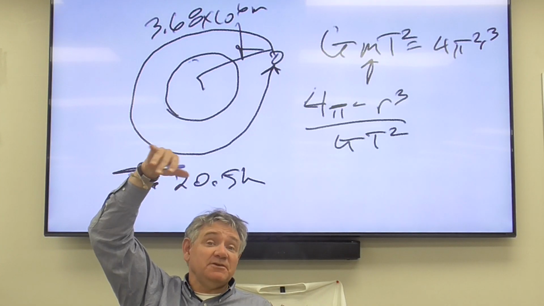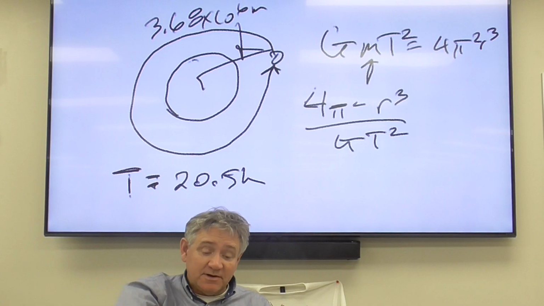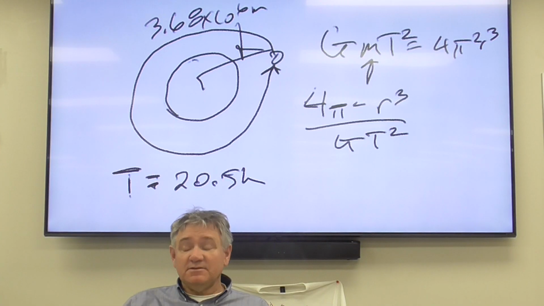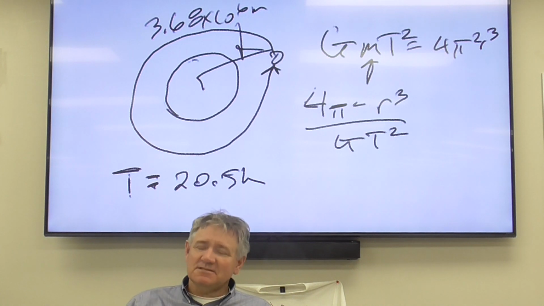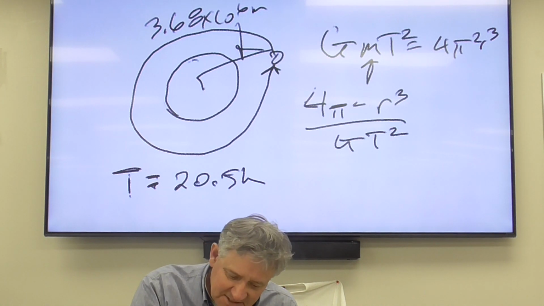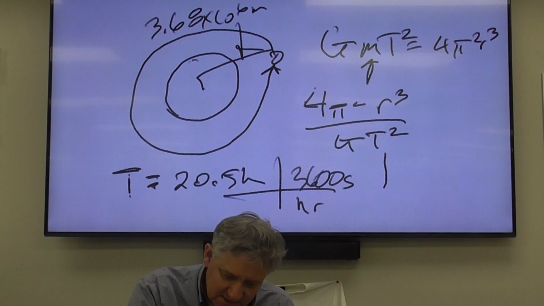And I'm still telling you, you lie. You're going to leave that as 20.5 hours. But you got to take the 20.5 hours and go, oh, 1 hour, that's 3,600 seconds.